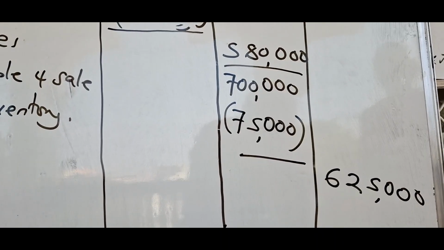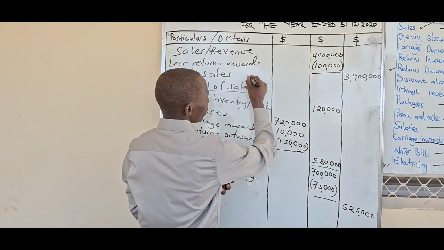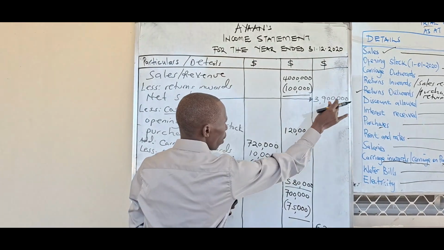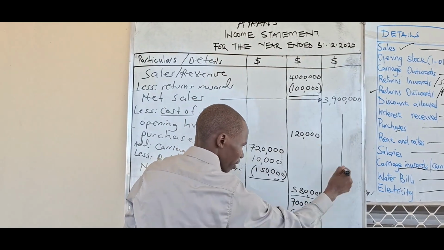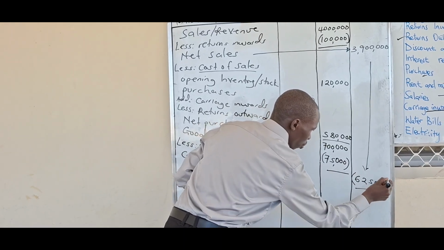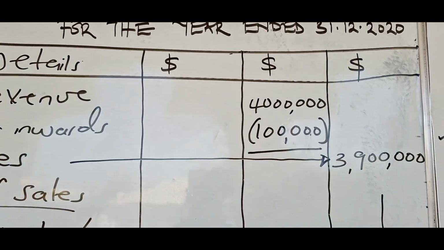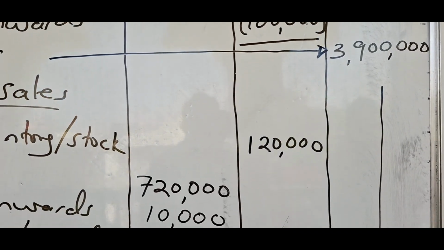So when you get your net here, don't get confused. We have net sales, which is this one here. When you get net sales minus this cost of sales, when you're subtracting, I told you put brackets.